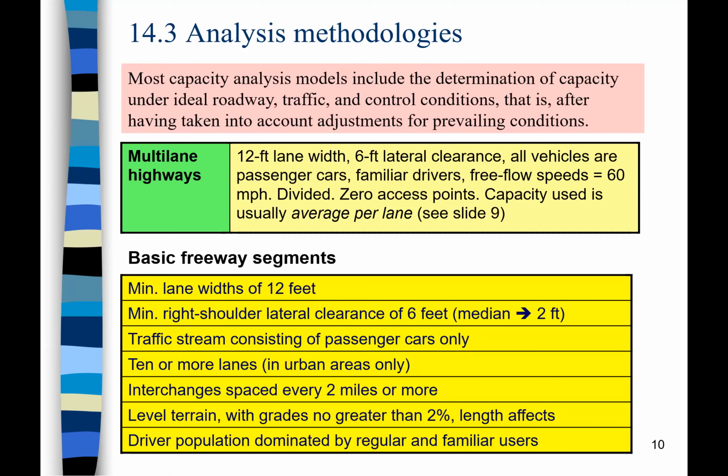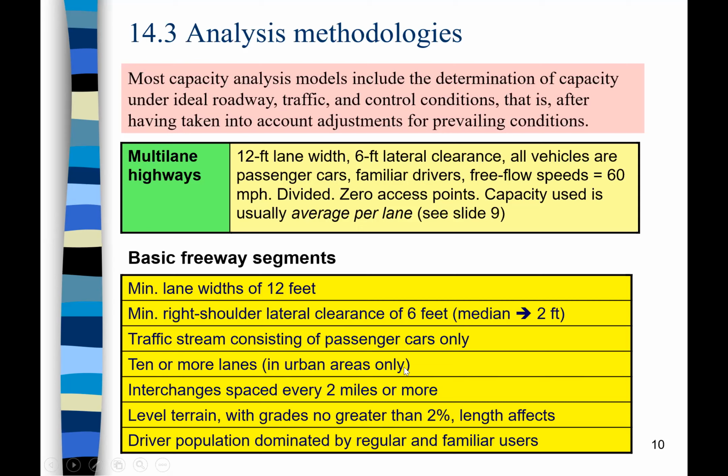So it is the right edge of the road. But on the median, the left edge, remember that we drive on the right in America, at the median the clearance is 2 feet. The traffic stream consists of passenger cars only, okay. No trucks.